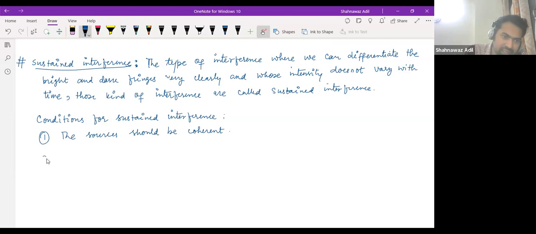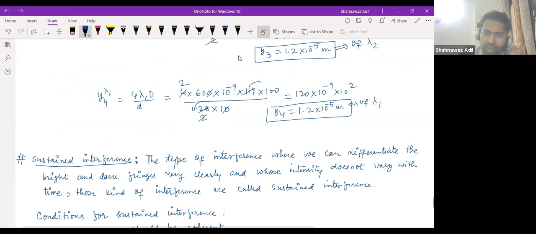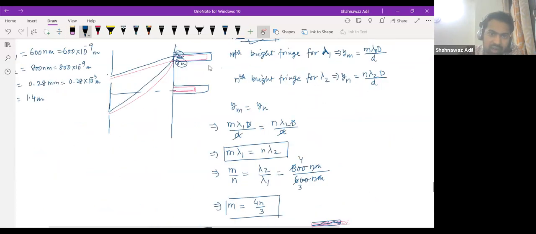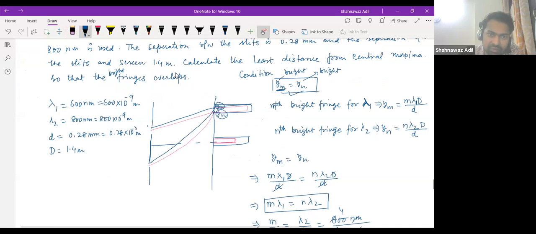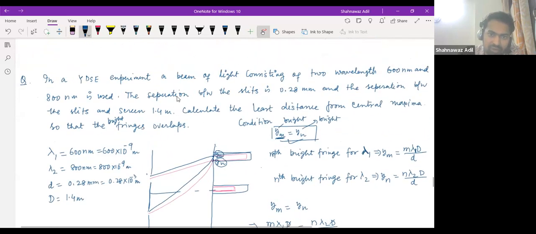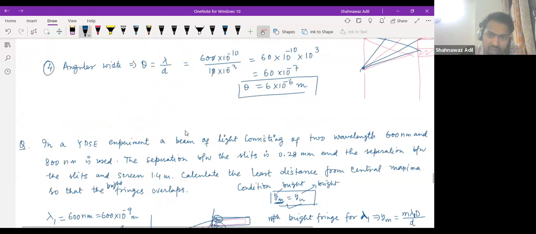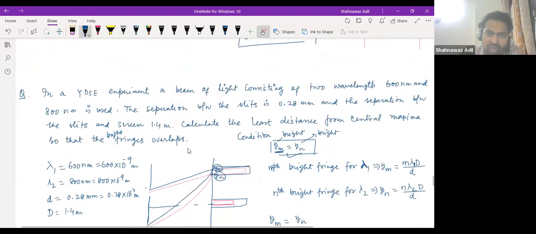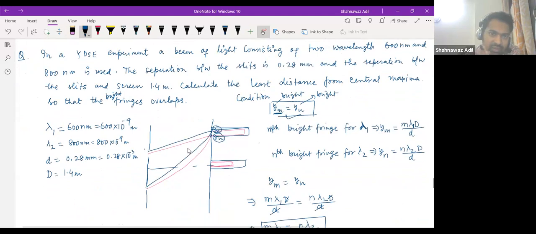The second thing we saw in this example: how many waves did we have in this condition? How many wavelengths were there in this question?